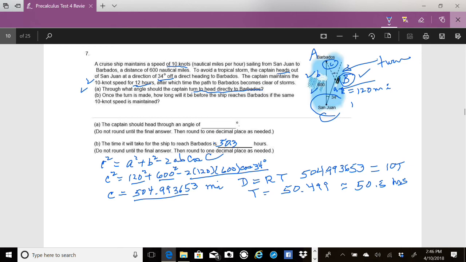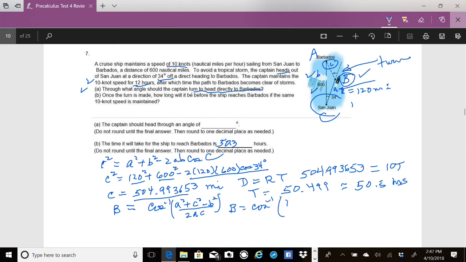To find angle B, we're going to use the other version of the law of cosines, which says that B is equal to inverse cosine of A squared plus C squared minus B squared, divided by 2AC. Have these formulas handy. So B is inverse cosine, plug in for all these terms.